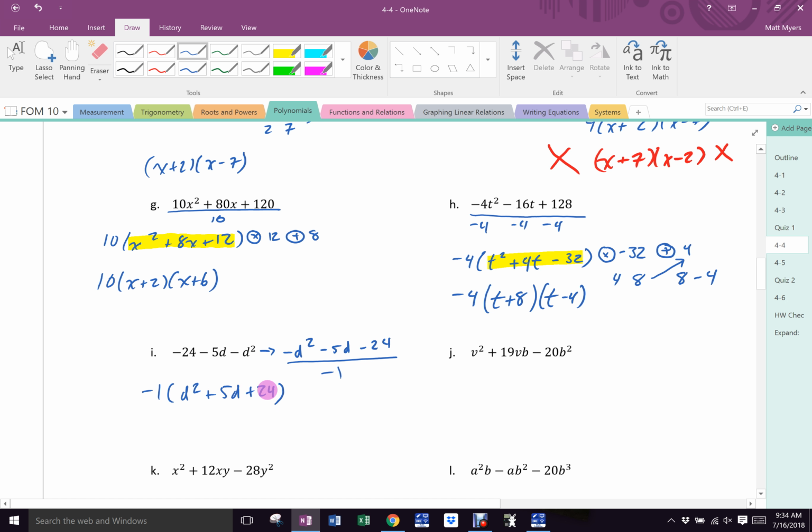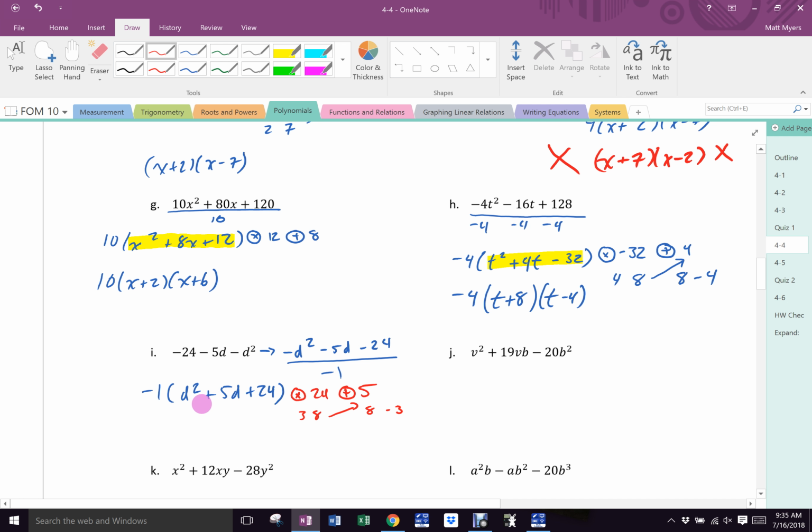Can I factor that? If I can, I need to multiply to 24 and add to 5. Is it 1 and 24? Nope. Is it 2 and 12? Nope. Is it 3 and 8? 3 and 8 is our best choice. How can I make 3 and 8 give me 5? 8 and minus 3. Now go over here and check. They're both positive.